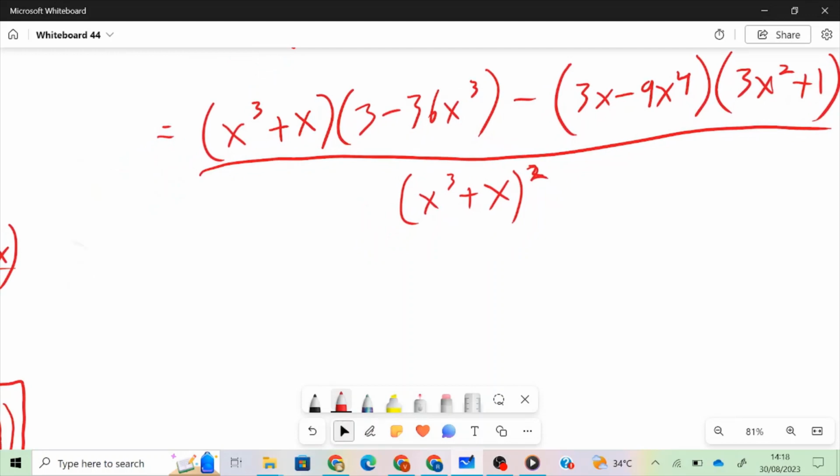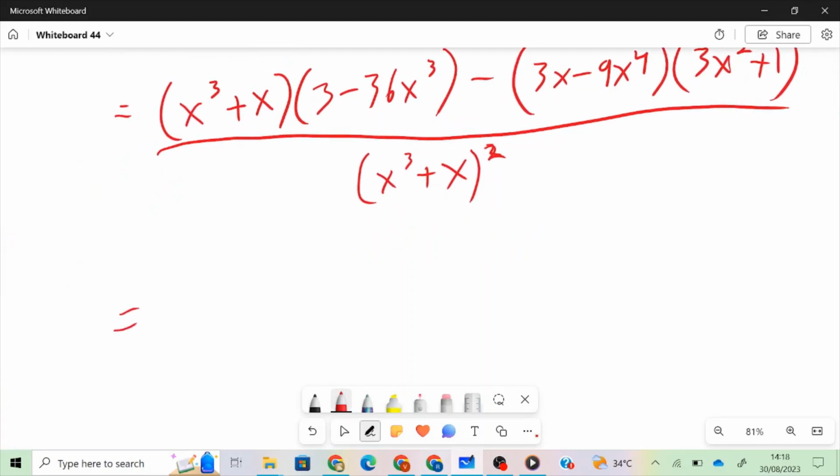Right, then we continue. We can expand the brackets first and foremost.